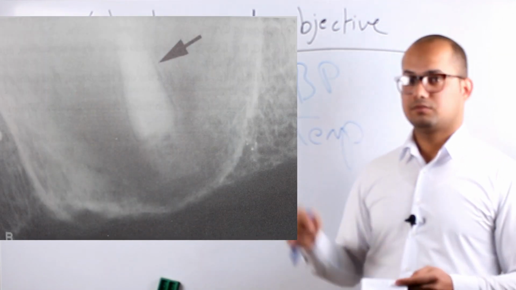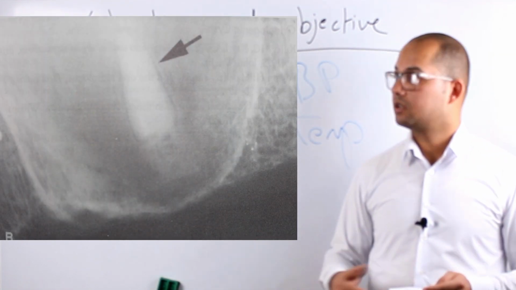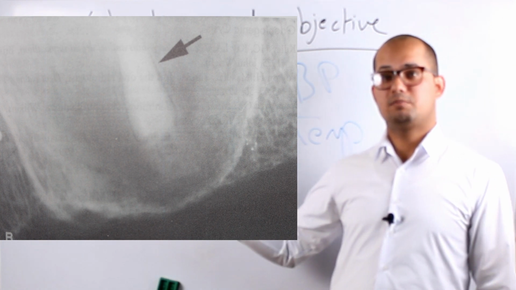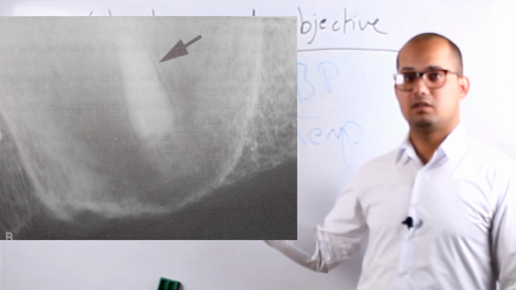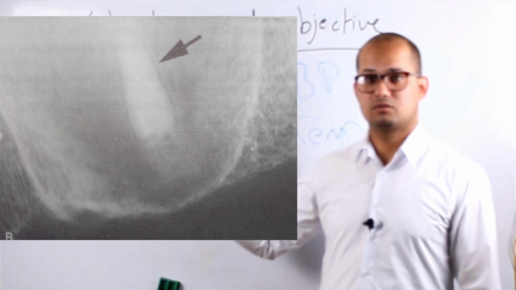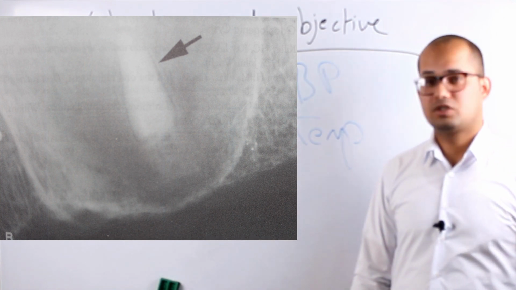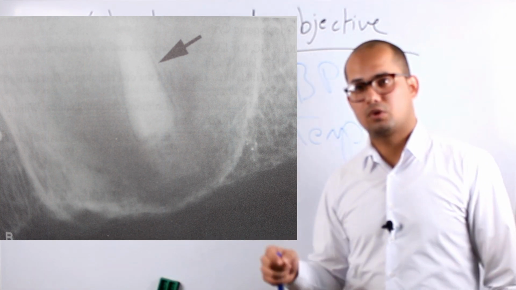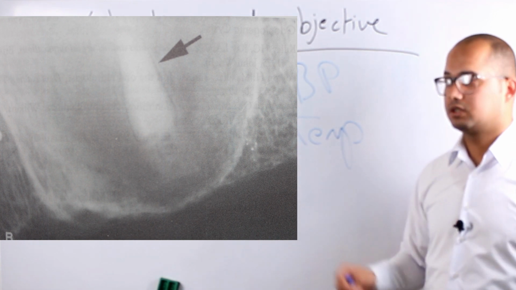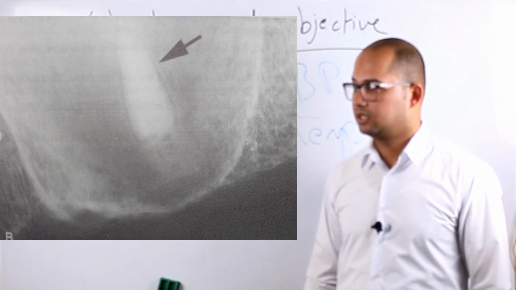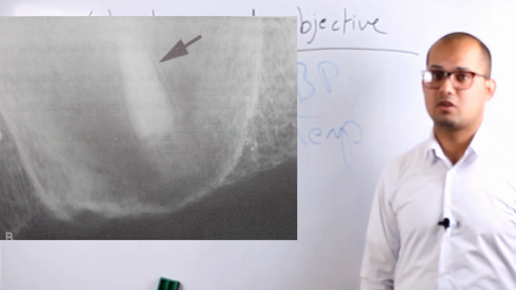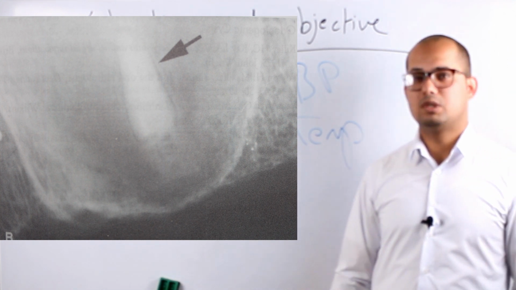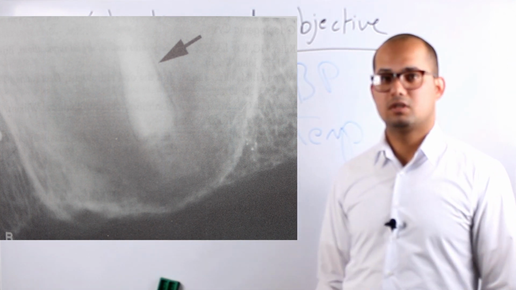Look at that image. This patient was referred to the maxillofacial clinic to retrieve that root. What the surgeon did was a lateral window approach to retrieve that root. But unfortunately, he did not find a root. Why? Because we misinterpreted that image.